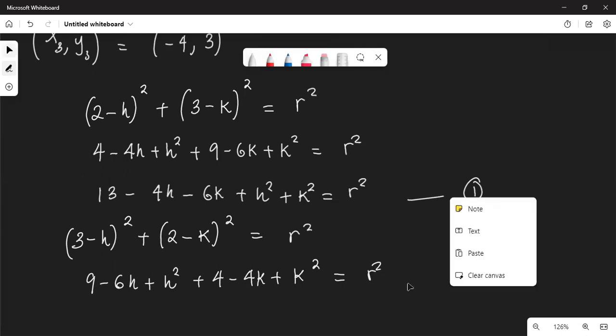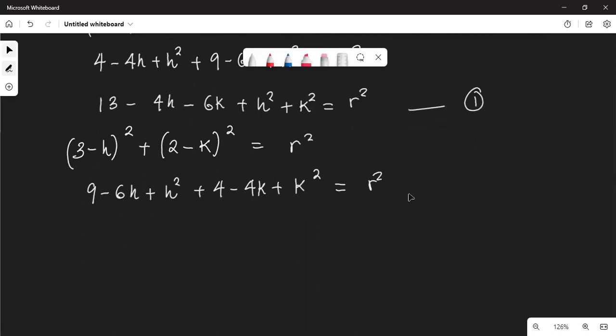Again, we combine 9 and 4, we have 13. So 13 minus 6h minus 4k plus h squared plus k squared equals r squared. Okay, so this is our second equation.